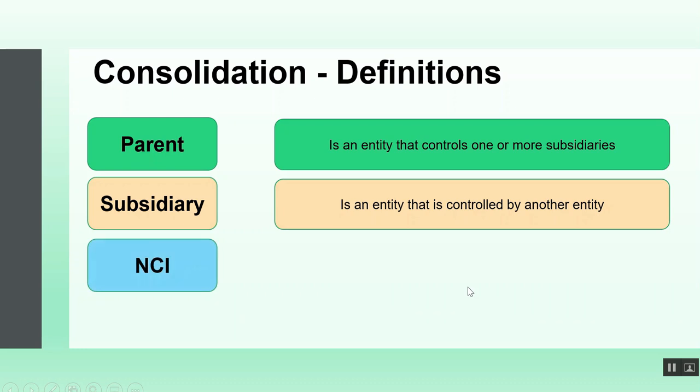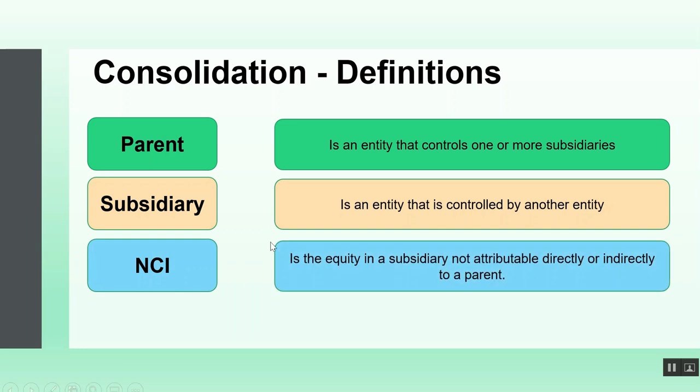Then what about NCI, the non-controlling interest? Non-controlling interest is the equity in a subsidiary not attributable directly or indirectly to a parent company. In other words, it is the share of equity owned by another entity in a subsidiary.